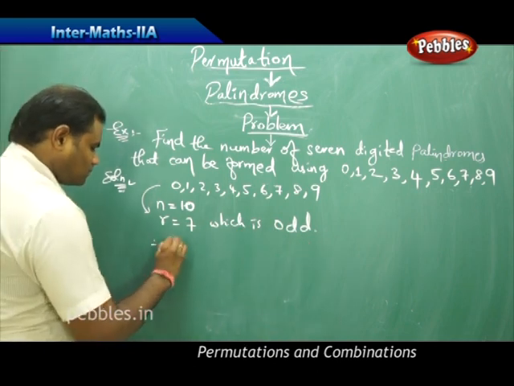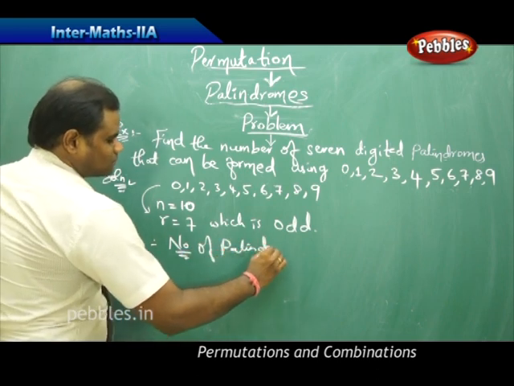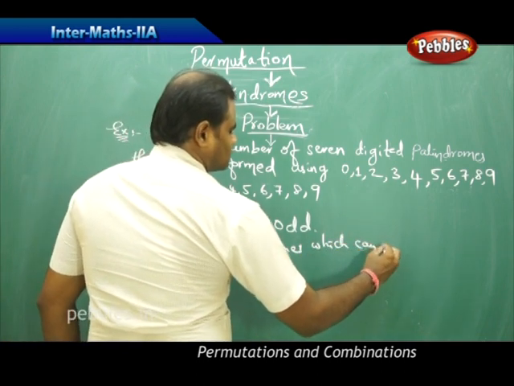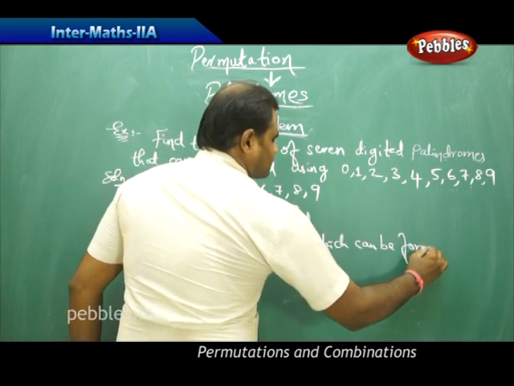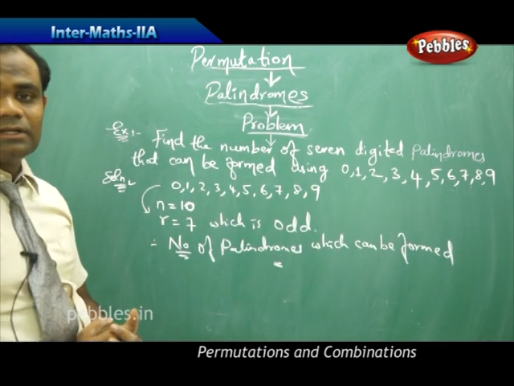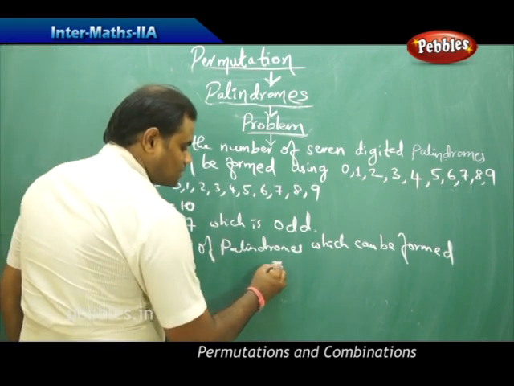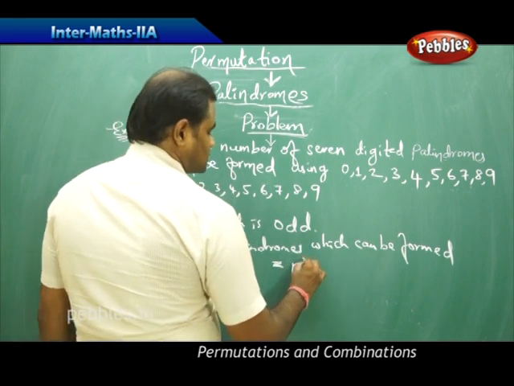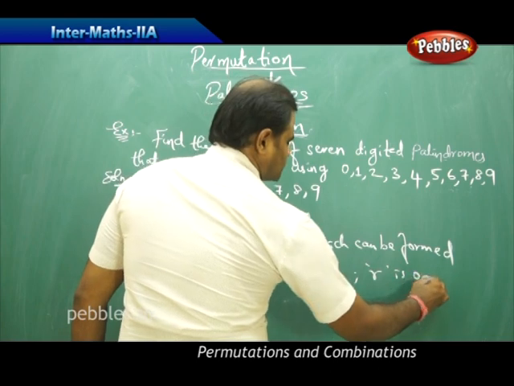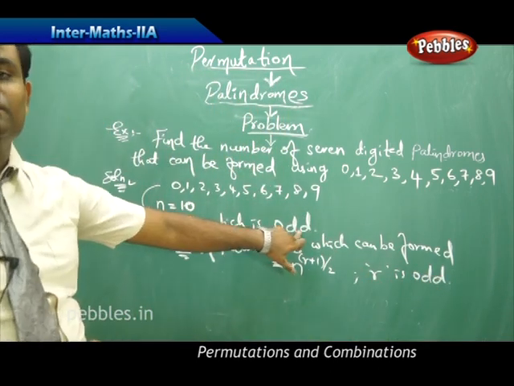Therefore, the number of palindromes which can be formed out of these 10 numbers, picking 7 digits to form 7-digit palindromes, is n power (r plus 1) by 2, since r is equal to 7, which is odd.